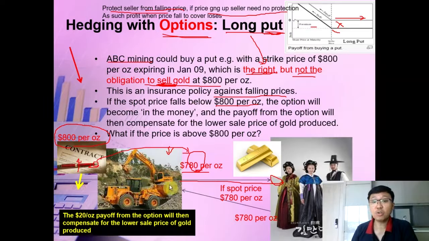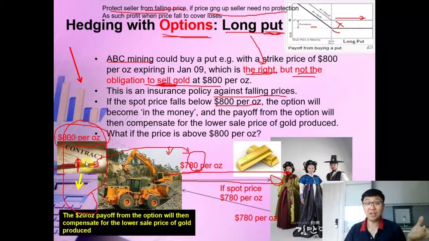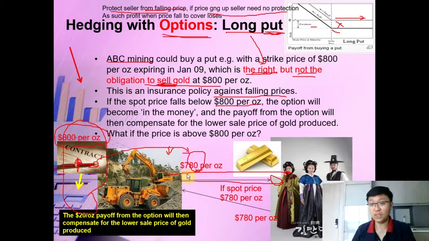So there are actually two transactions going on over here, right? Here is the real transaction with the merchants, and here could be an option contract with one of the financial institutions or with the bank. Because of this long contract, it will have a value, a gain of $20, and that's where they make the $20 over here, and then use that $20 to cover the losses over here, right?